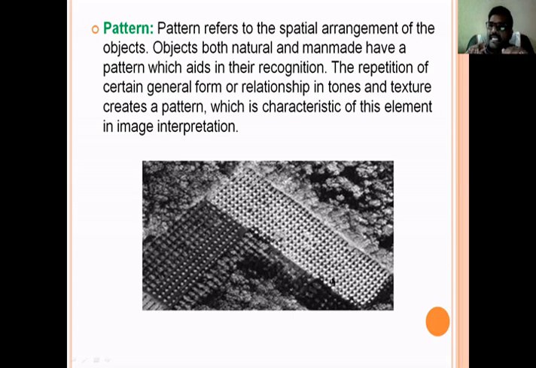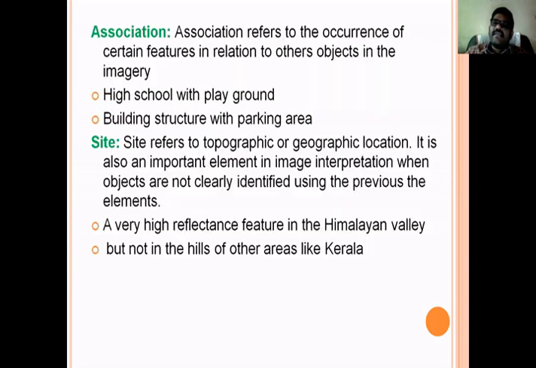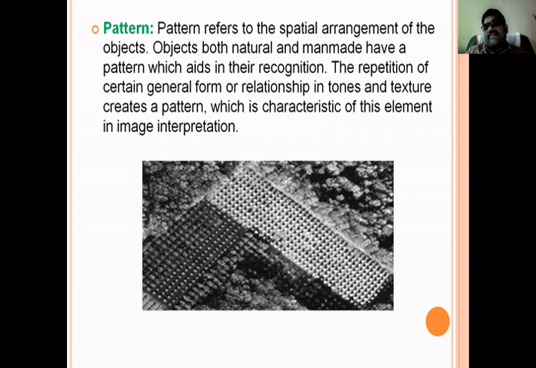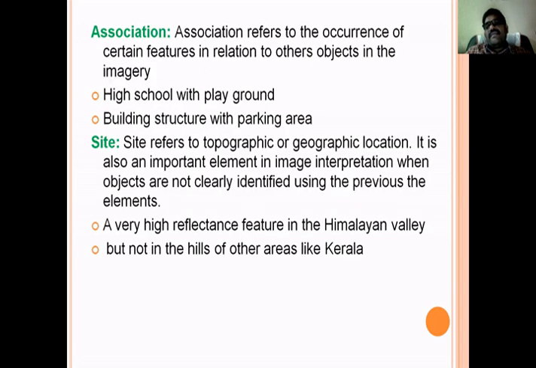In this example, when interpreting an open area, if the texture is smooth, we may conclude there might be a grassland area, whereas the other area where the plants exist naturally here and there gives a rough texture. Now the next one is association. The other parameter is association.